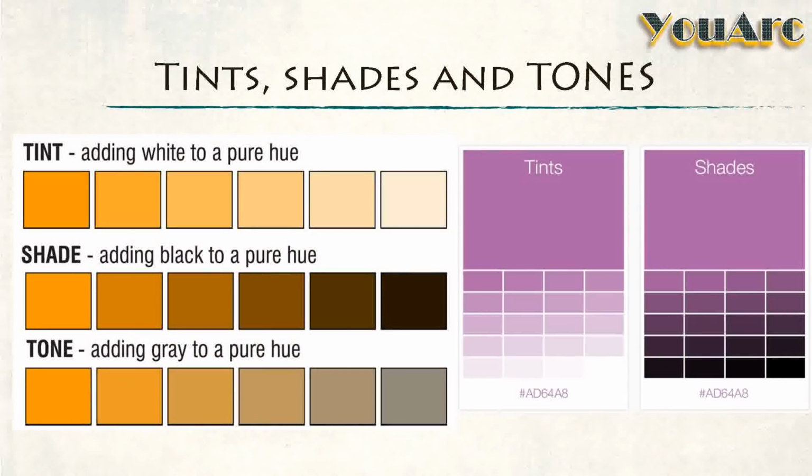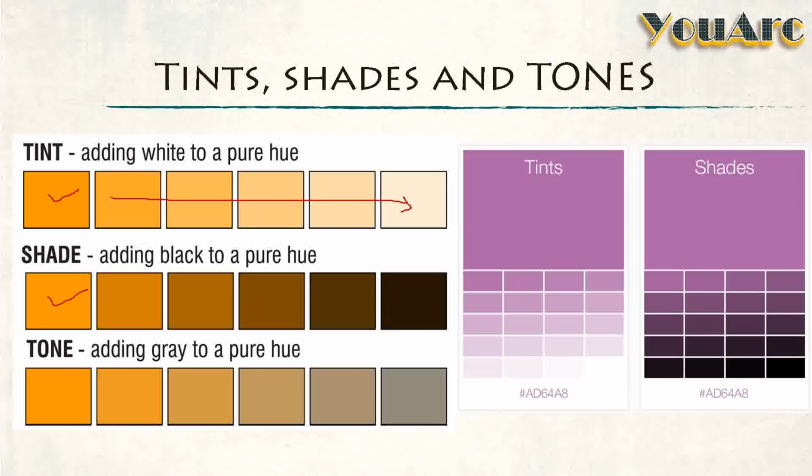Here are other important terms in colors: tint, shade, and tone. What is tint? Tint is when we add white to the pure hue. Pure hue means pure color. Here they have given orange. When orange is added with white, we get a tint. What is shade?